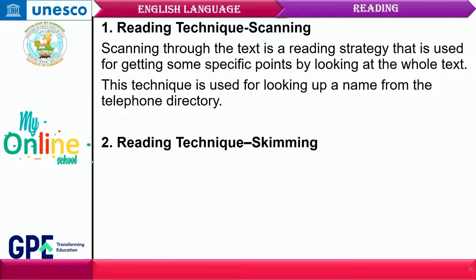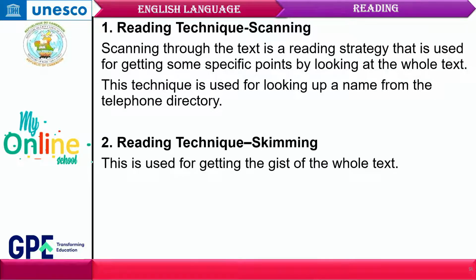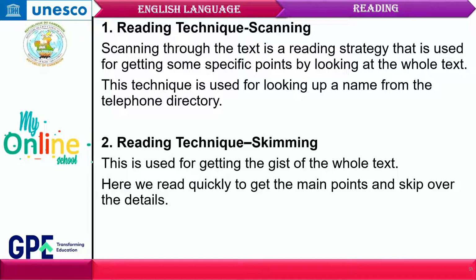We have the reading technique skimming. Skimming is used for getting the gist of the whole text. The gist, that means the salient point, that is the core. What is it that the text is all about? Here, we read quickly to get the main points and skip over details.